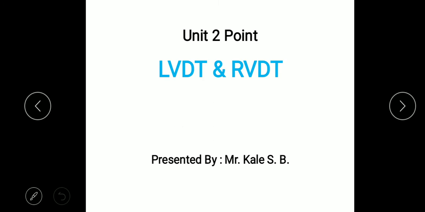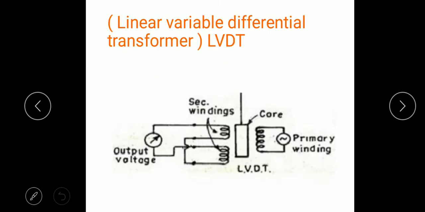So comes to the first point, LVDT. So this is the linear variable differential transformer, means LVDT. Now in the diagram you can see the number of parts has given, so no need to read anything for the construction purpose.